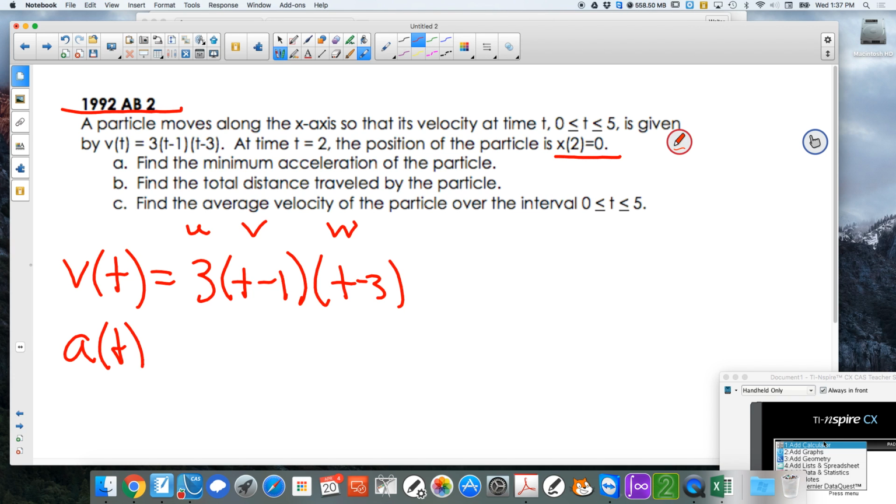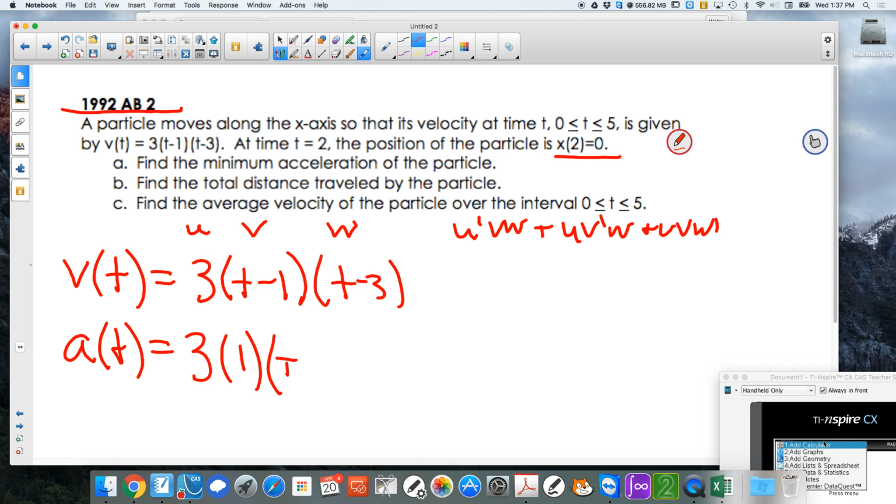You just use prime 1 each time. What's u prime? 0. Good, so we don't even need the first part. So it's going to end up being u prime v w plus u v prime w plus u v w prime. u v prime is 1, times t minus 3, plus 3(t minus 1), times 1.